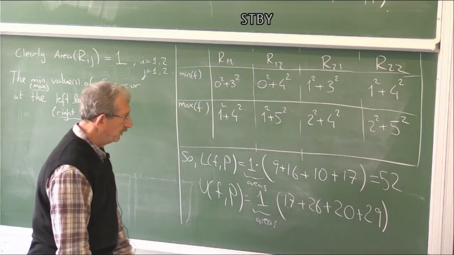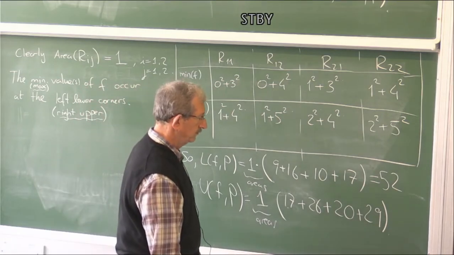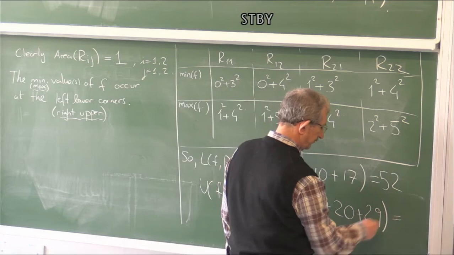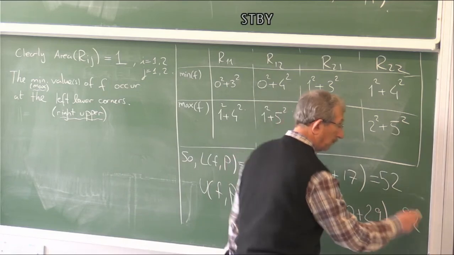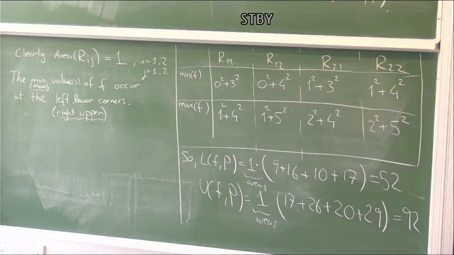It happens to be 92. Am I correct? Let me check. Yes, it happens to be 92. So these are the lower and upper sums for this partition.